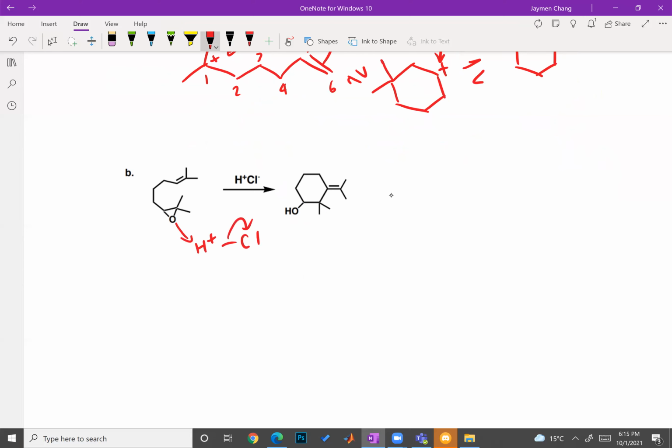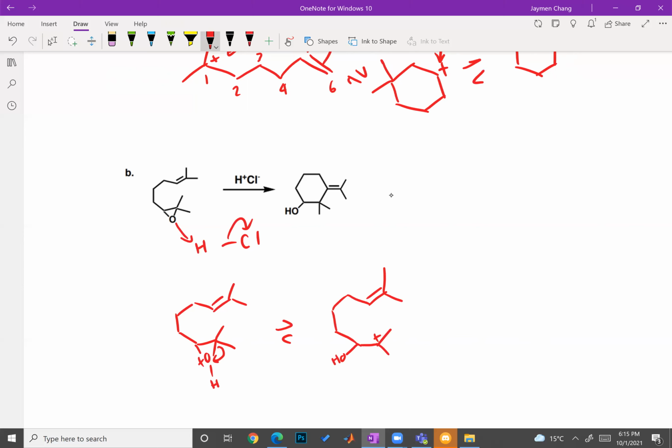And what we're going to see is that once we add this to acid, we're going to have a plus charge on the oxygen, which is going to allow this bond to leave. And then once that bond leaves, we'll see that we form a tertiary carbocation.